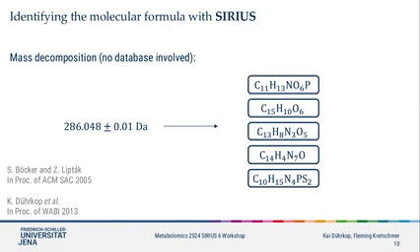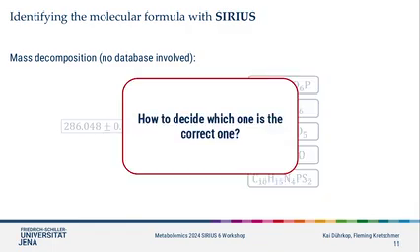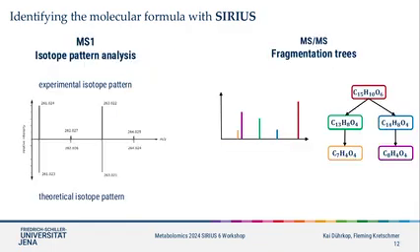Like in this example, if you have the mass 286 with 10 millidalton mass deviation, you get these different molecular formulas. So you need some tool that decides which of these molecular formulas is the correct one, or at least the most likely one. And in SIRIUS, we use basically two sources of information for that.